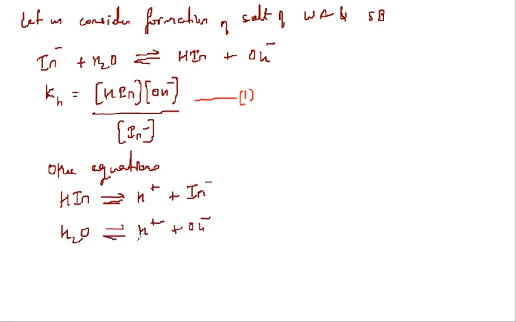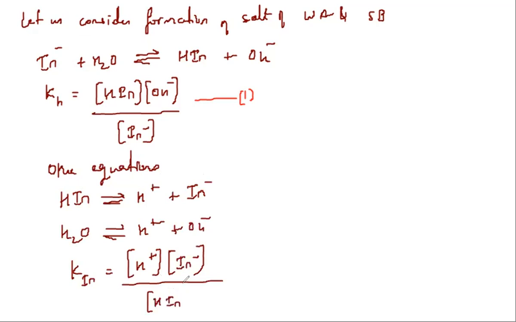So if you write K_In, it will be equal to molar concentration of H plus into molar concentration of In minus divided by molar concentration of HIn. Call this equation 2. Is that clear? Okay, fine.